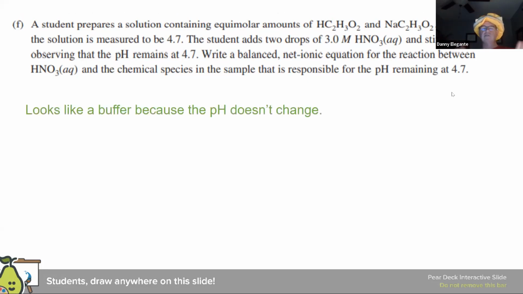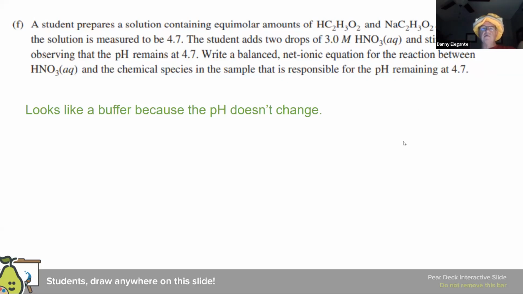All right, so here's what I'm getting. I think this is a buffer question because when you have an acid, like acetic acid, and its conjugate sodium acetate, I know that's a buffer, right? And it says equal amounts, so that helps me. So I think this is a buffer problem.